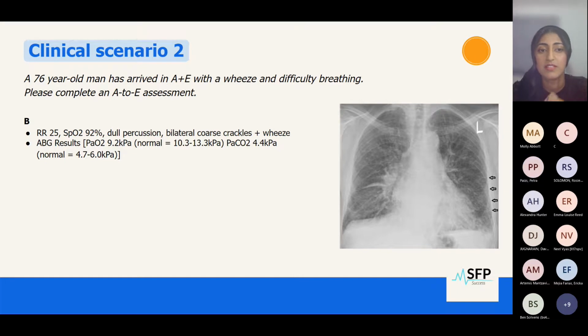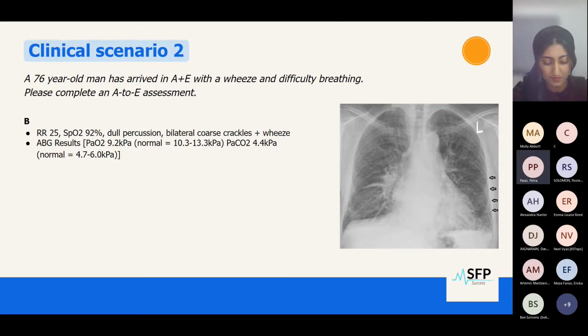So if we move on to C, we'll keep it on this slide for now. Tell me what you would think through when you're working through C. With C, I'd take the look, feel, listen, measure, treat approach. In terms of feeling, I would check their pulse and blood pressure.